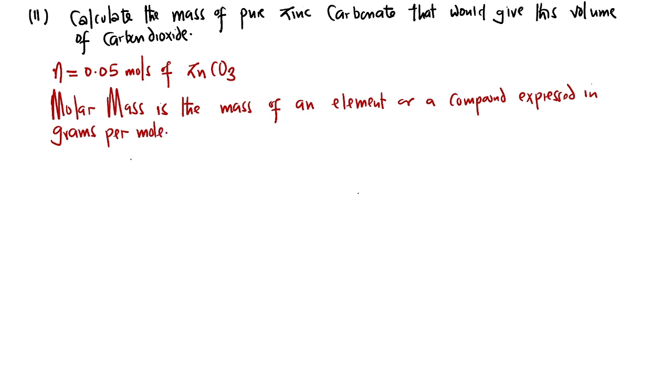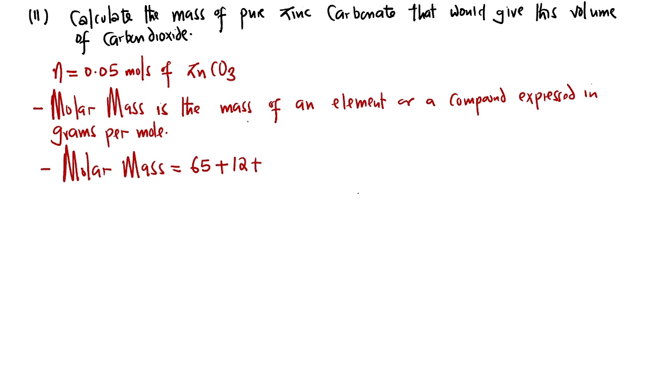So how do we calculate this? This can be calculated by adding the mass numbers of the atoms or elements present in a particular compound. For example, we've got zinc carbonate here. So molar mass is equal to the mass number for zinc, that is 65, plus the mass number for carbon, that is 12.